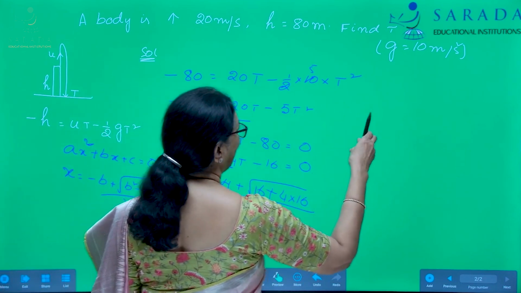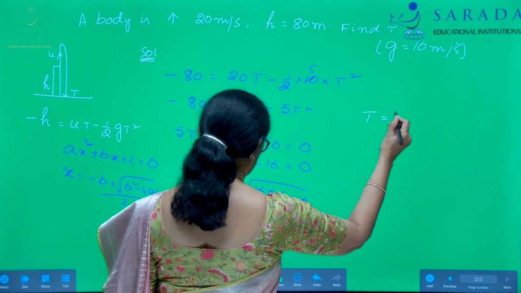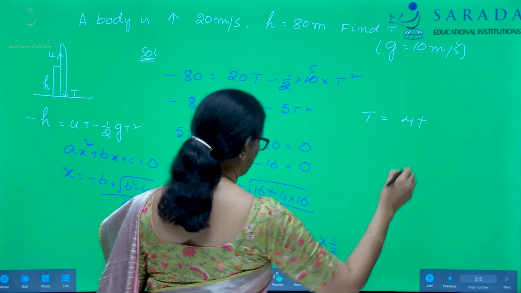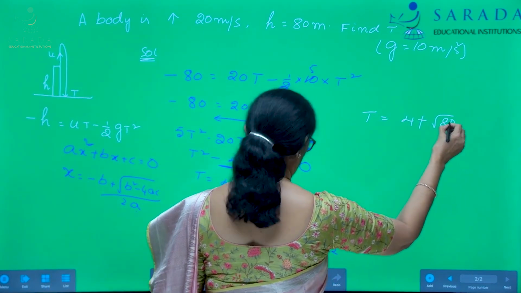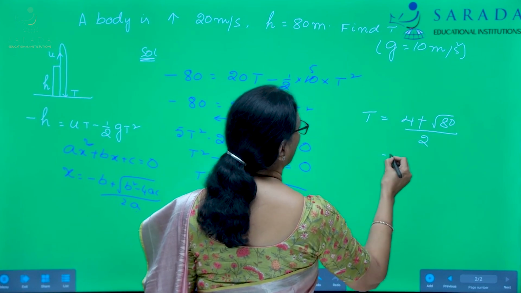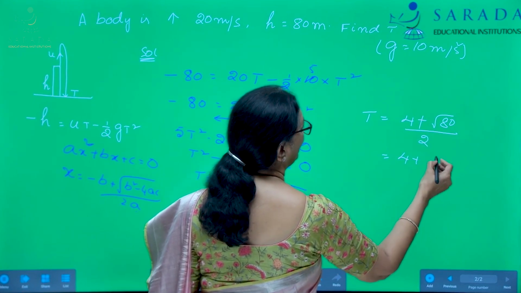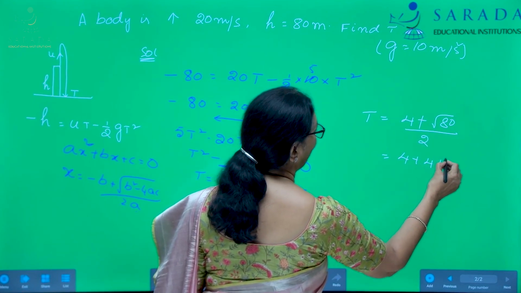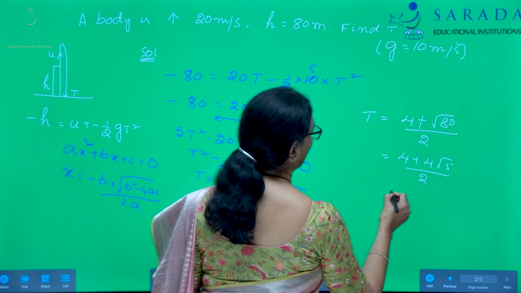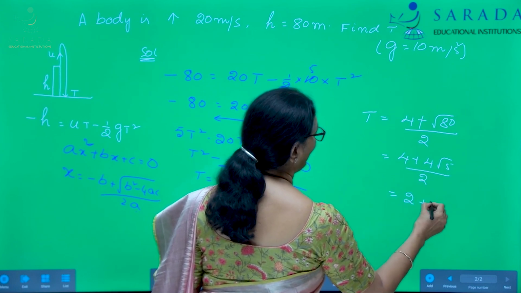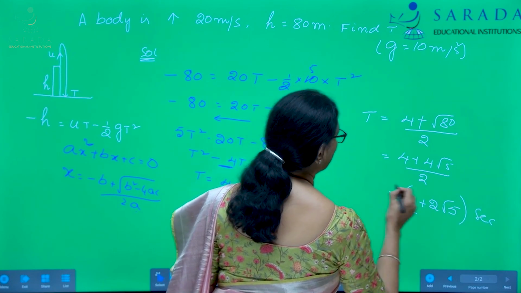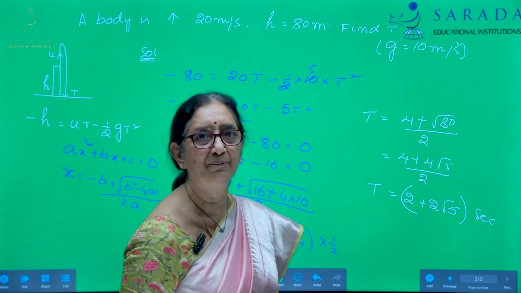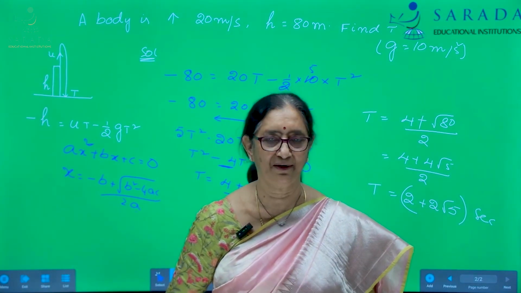So, t is equal to 4 plus root 80 divided by 2. 4 plus root 80 is 4 plus 4 root 5, divided by 2. So, the answer is 2 plus 2 root 5 seconds. That is the total time taken by the body to reach the ground.